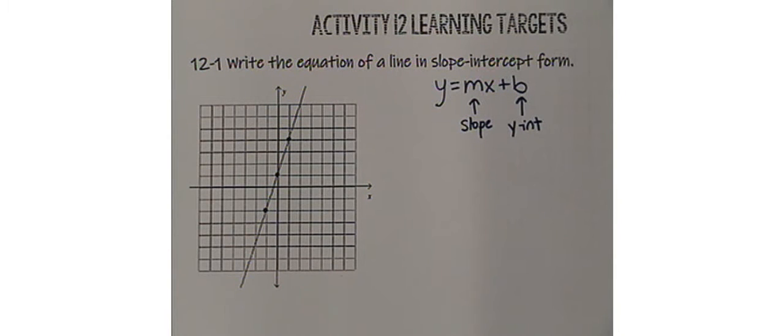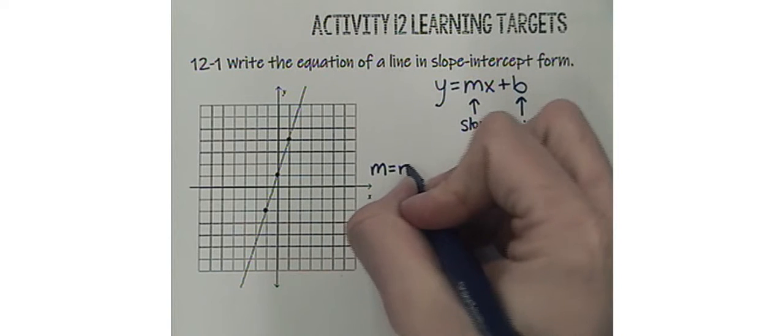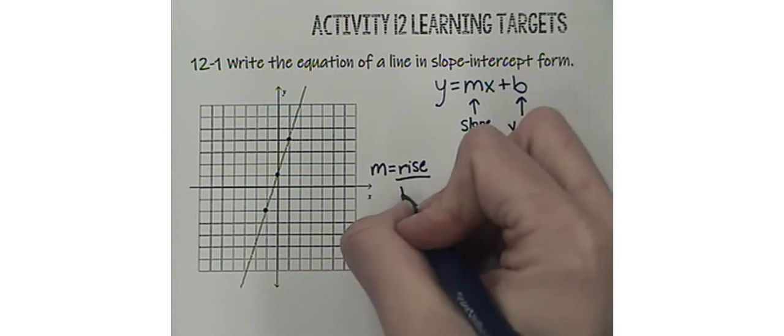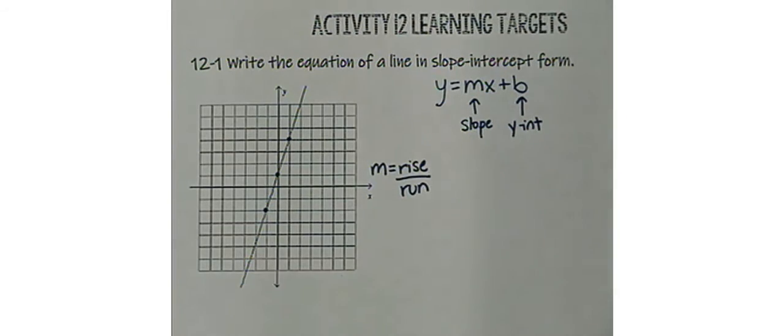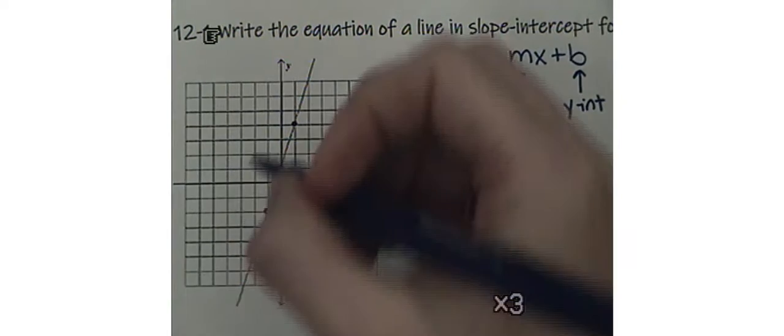So let's do the graph first. We're going to count our slope, our m, which is rise over run. We have points here, so we can draw on a stair step.